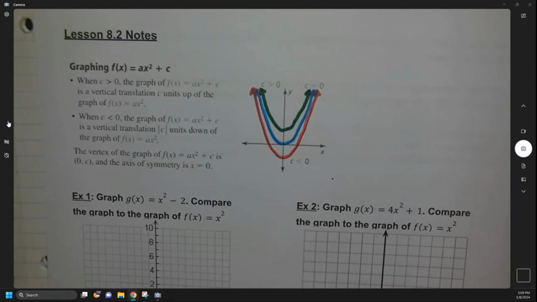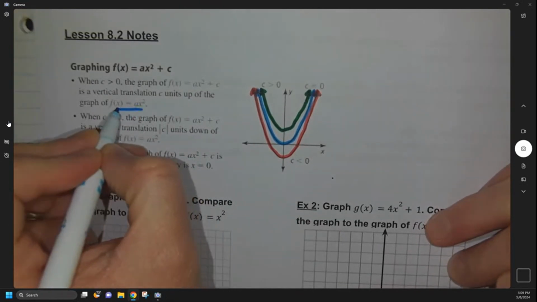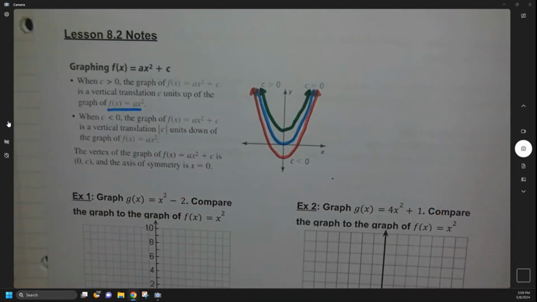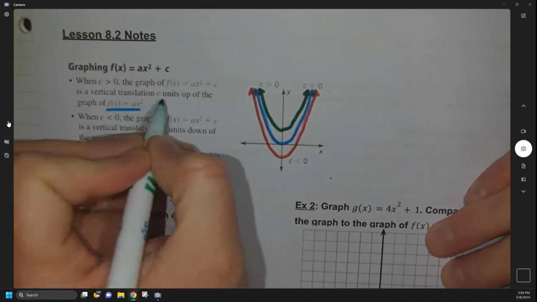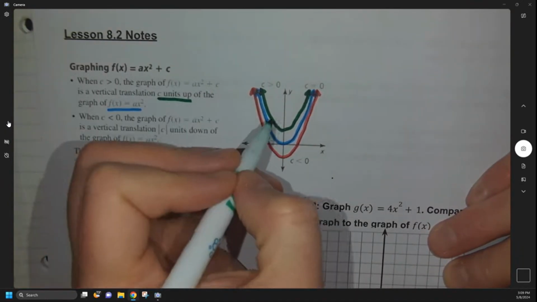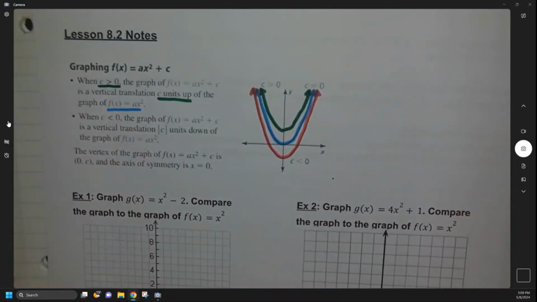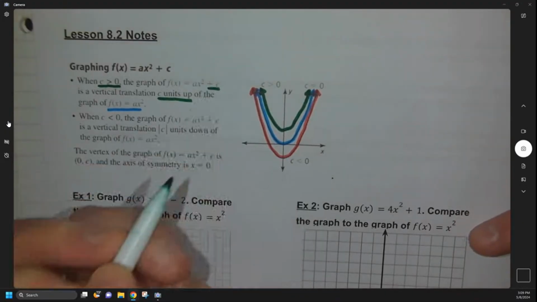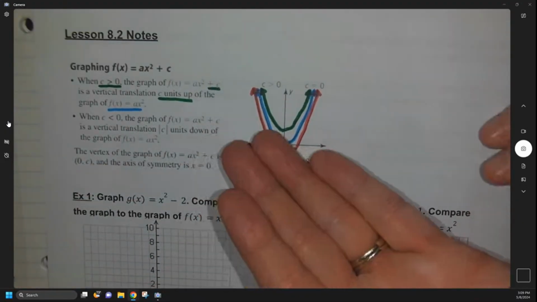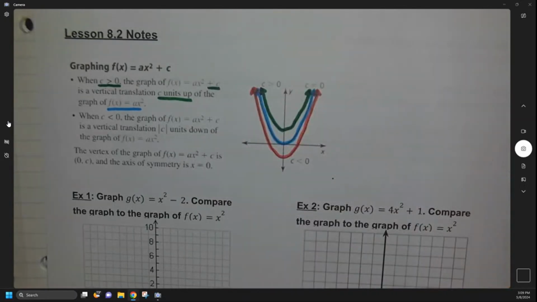It's that f of x equals ax squared. And if we're moving c units up, then we have the green one. So that's when c is greater than 0. So that's c right here. If that's greater than 0, it's sliding the blue graph up.